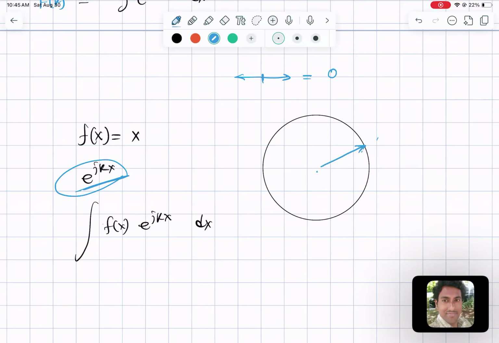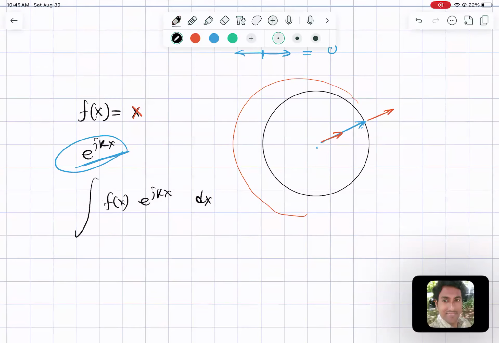And we multiply that by a factor x, this x. So it can get scaled up or scaled down. And we keep adding, for all those points on the circle. And after adding that, we get a result, like the average or sum of all those vectors, and that is our F of k.